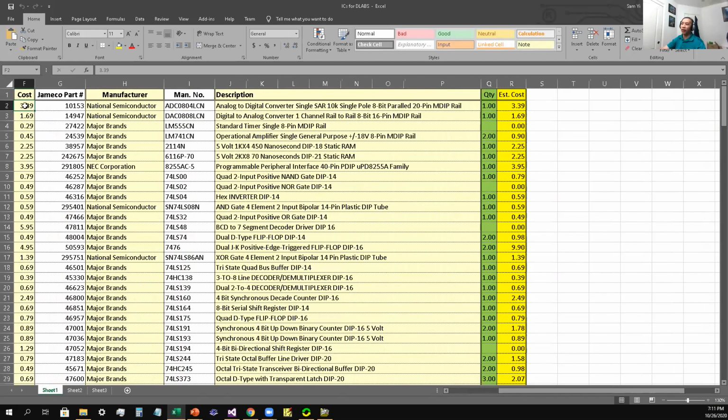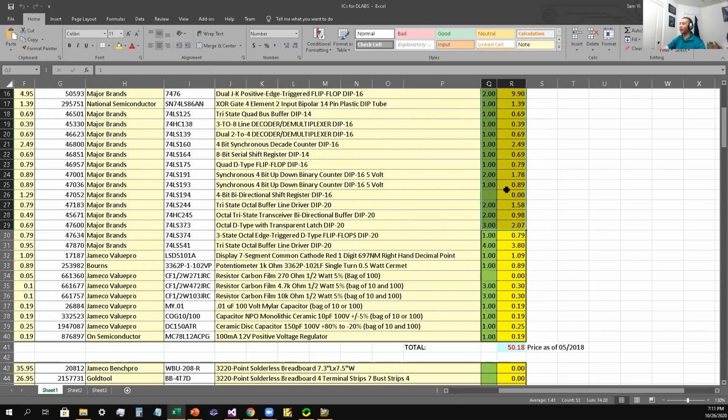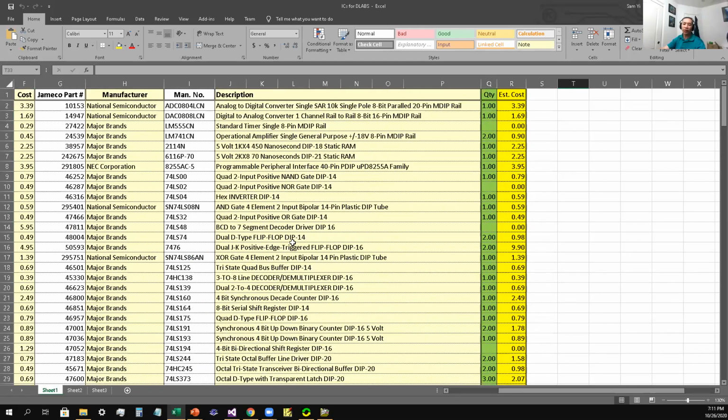I checked it earlier and this one was pretty high, so you can search on eBay. Maybe they have something a little cheaper. But this is the listing price from Jameco. You can also find some of these parts at Circuit Specialists.